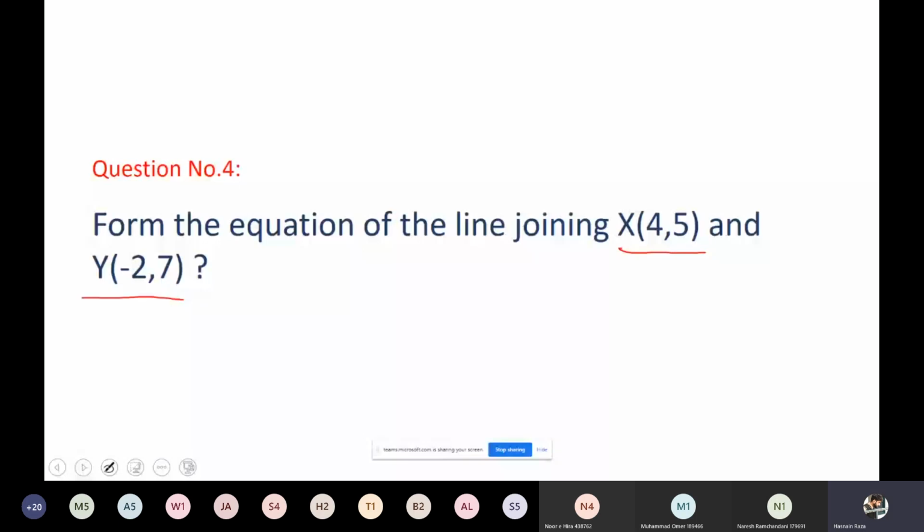I ask you to solve it. Start solving it right now, please. I'm giving you 5 minutes for this. Please do not share your answers until you are asked to do so.